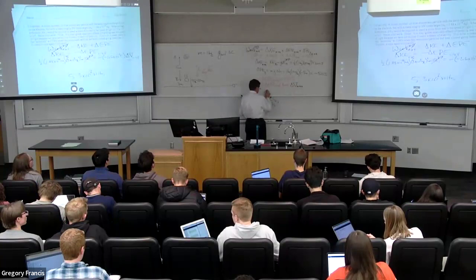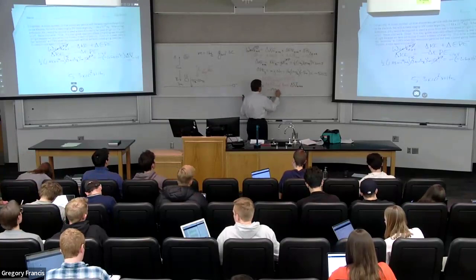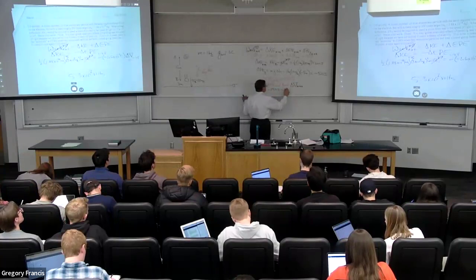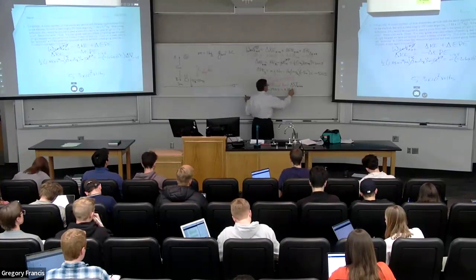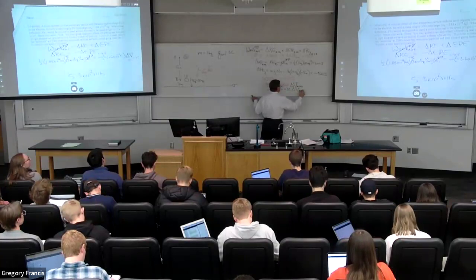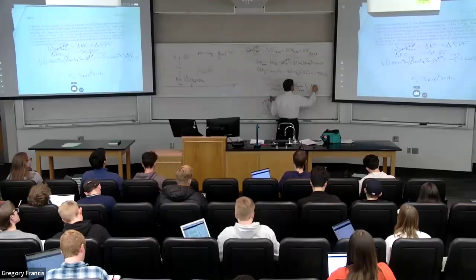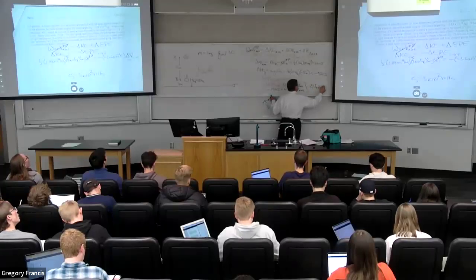Well, that means that negative 150 joules is equal to a positive 3 coulombs times the change in voltage from A to B. And that gives me the change in voltage from A to B is equal to negative 50 volts.